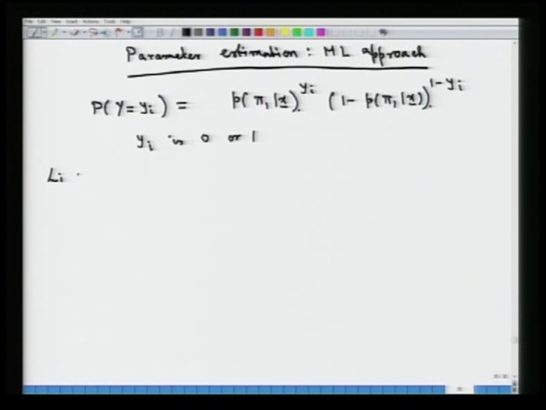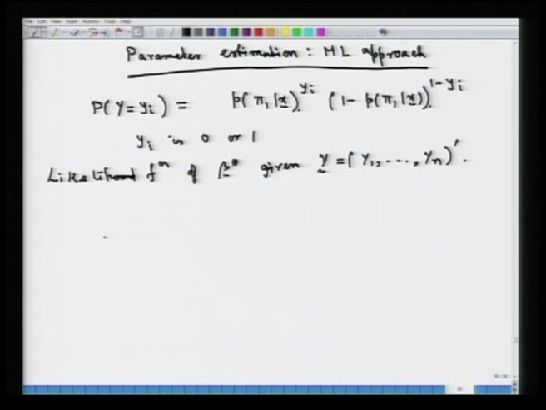Hence, if we have y1, y2, ..., yn, the likelihood function of the parameters, the β* vector, given the y vector equal to y1, y2, ..., yn, for n random samples, we denote by L(β* | y).